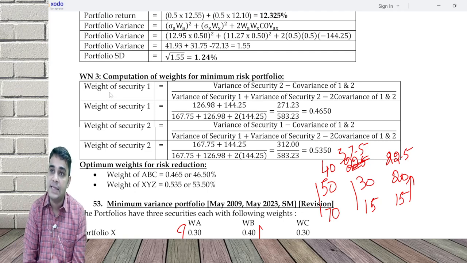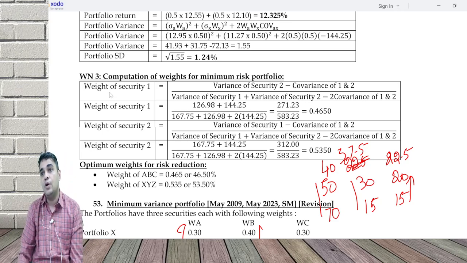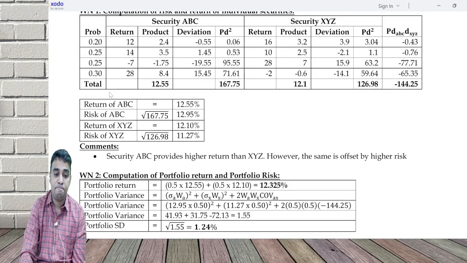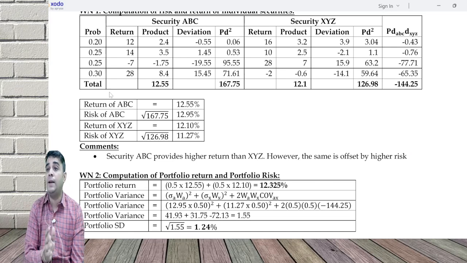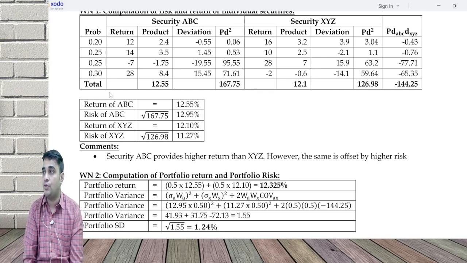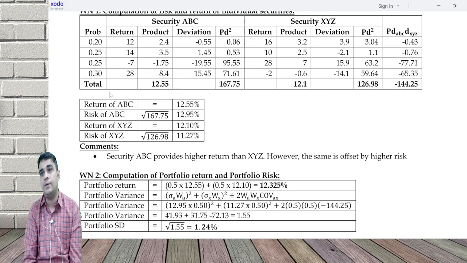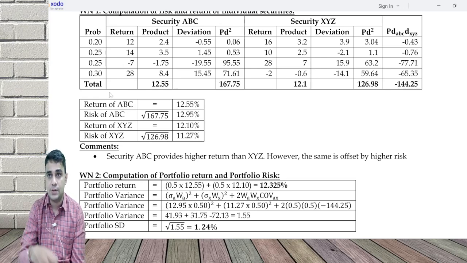The reason for that is they are having negative covariance. Individually, 12% and 12%. Put together, the risk goes down to 0.9% in this example because you have negative covariance. Clear? Any doubts on this?